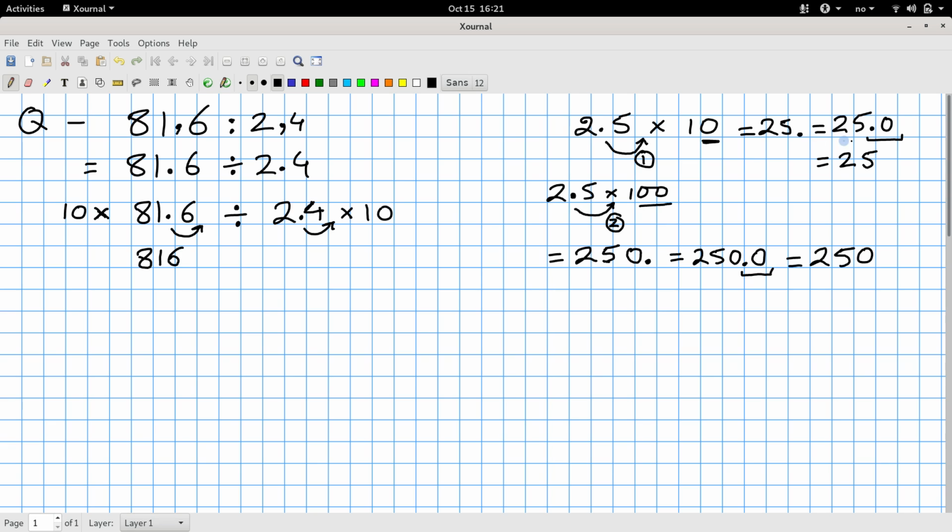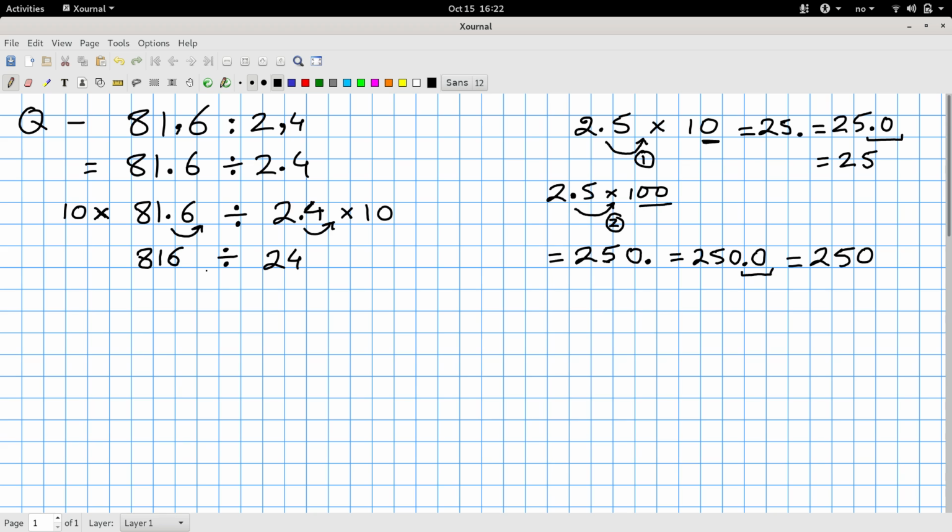Since I've already shown you this step, I'm just going to skip that and write 816, and this is going to be divided by 2.4, which will become 24 because the decimal has moved 1 position to the right. So this was one step which was skipped, or many students don't know, but now you know.